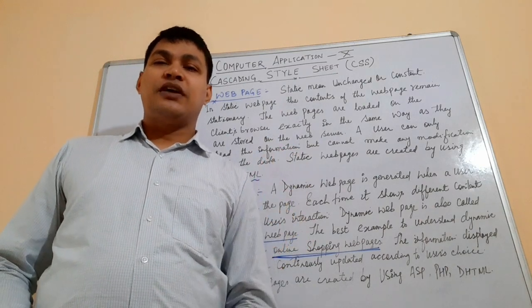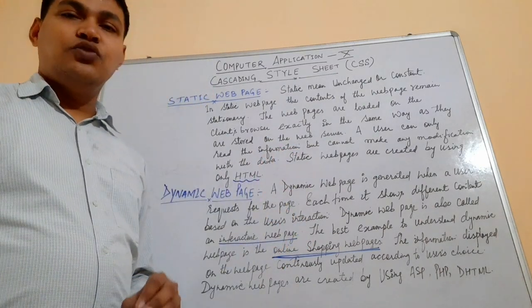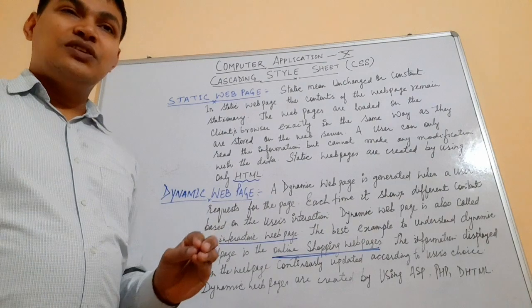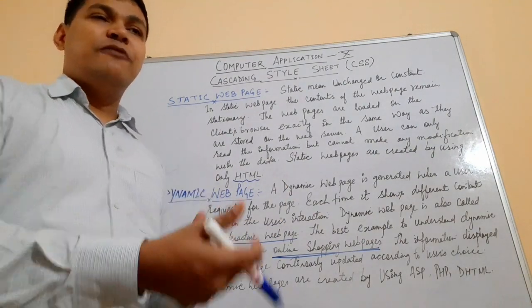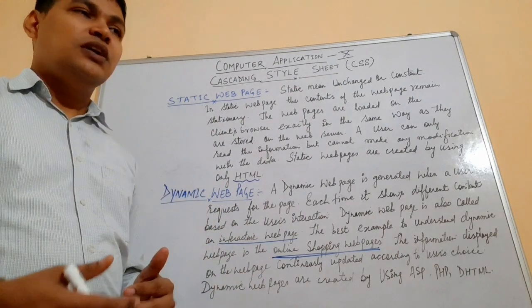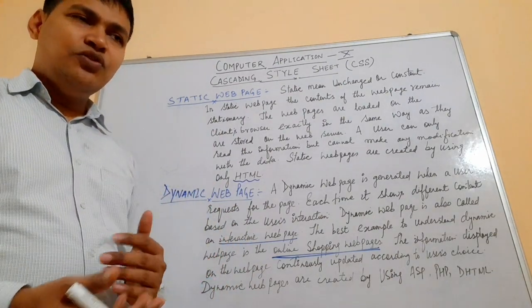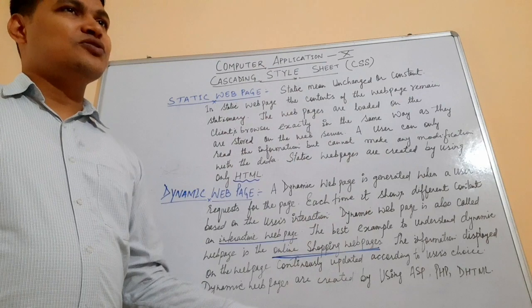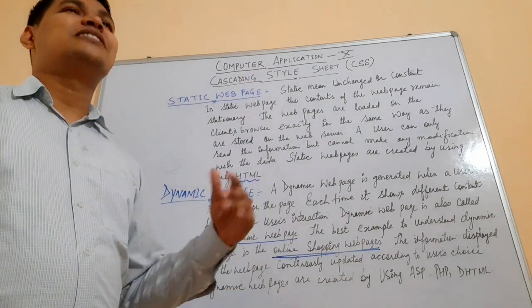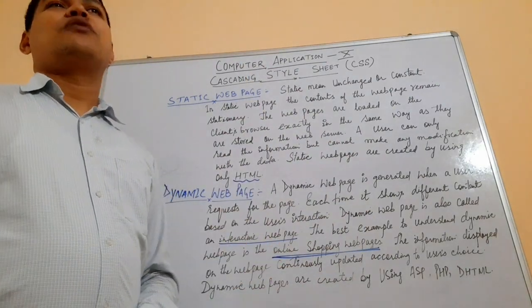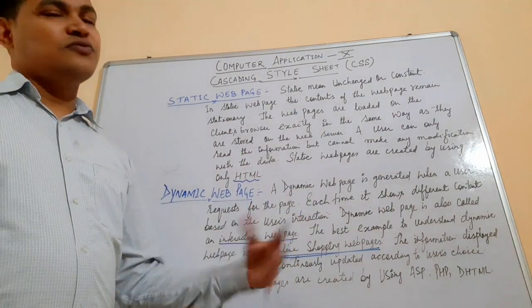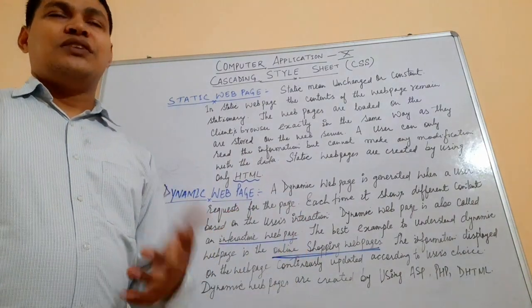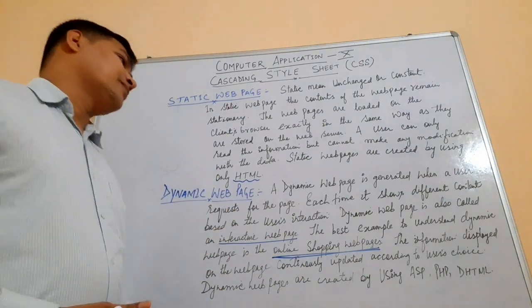You log into a shopping website and search for shoes, then again you search for perfumes, and then something else. Whenever you type the information, the whole web page content changes according to your requirement. You have defined the size, the brand, the price. It will change according to your choices and requests.